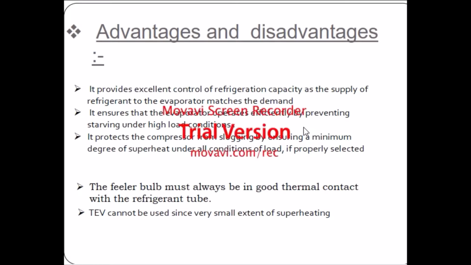So we can predict how much pressure operation, and supplying volume control, how much the flow rate. Yes, and then it protects the compressor from slugging by ensuring the minimum degree of superheat under all conditions of load, if properly selected. Yes, correct.